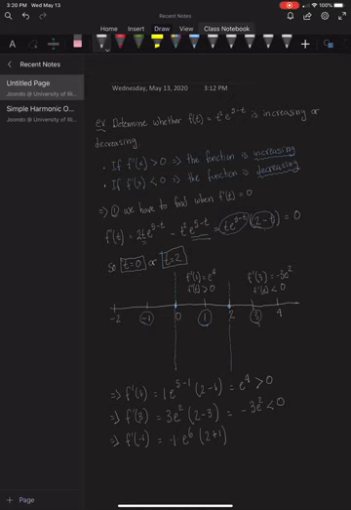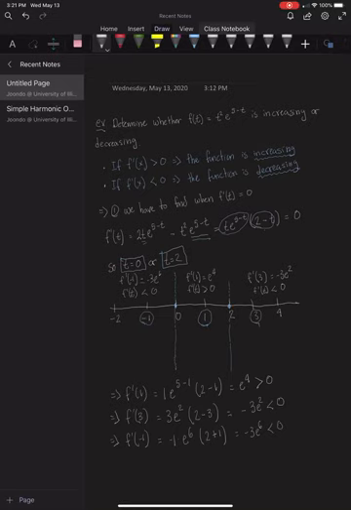So it's going to be negative 3 e to the 6th power, and this is clearly less than 0. Therefore f prime of t is going to be less than 0 in this case. So we found out what happens for each situation. This is one of the applications that we can do.